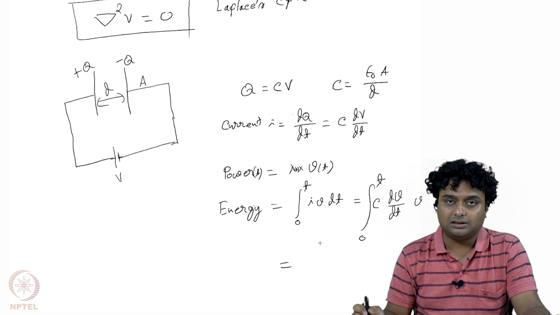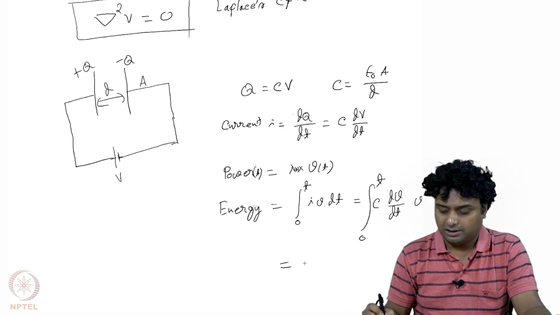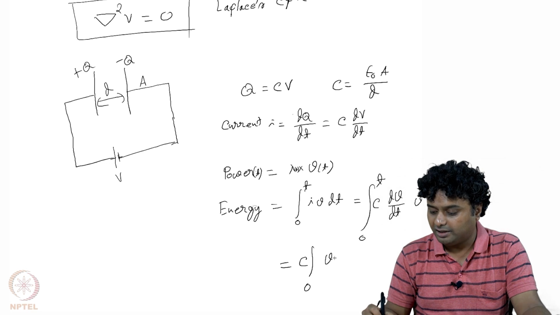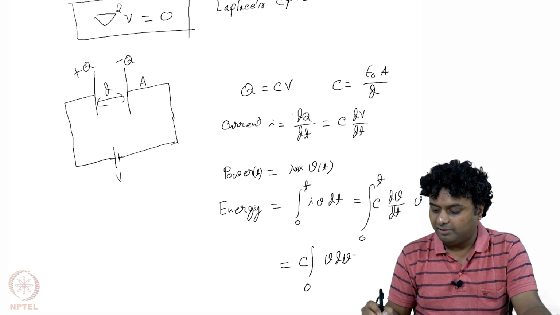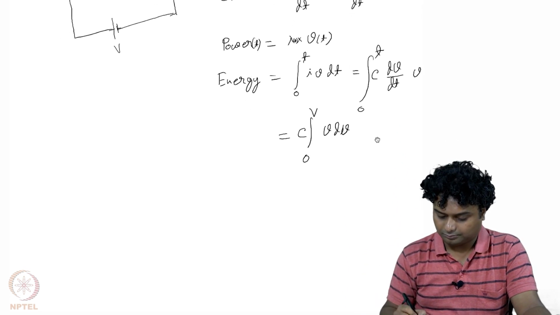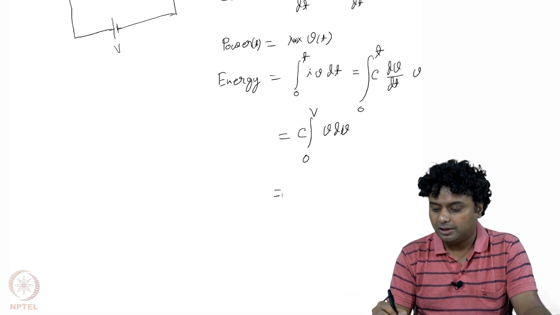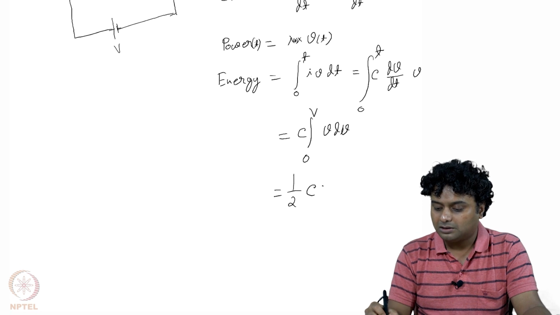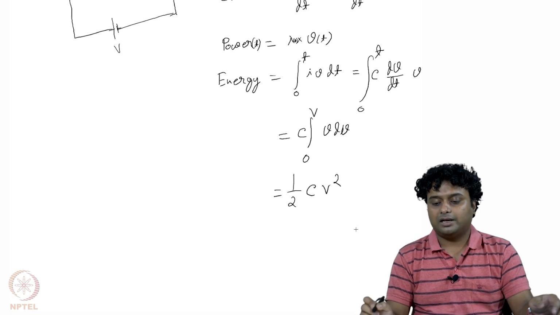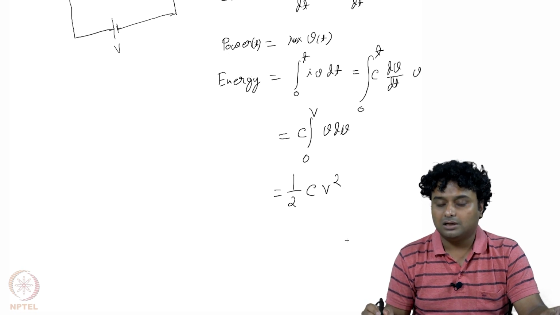Let us say this t is very large, so the capacitor has gone up to the voltage of the battery. We can take C out, and we have V dV, where V goes from 0 potential to the battery voltage, capital V. Then if you integrate it, we get half of CV square, right. So the energy stored in a capacitor while it is charged to the potential V is half CV square.